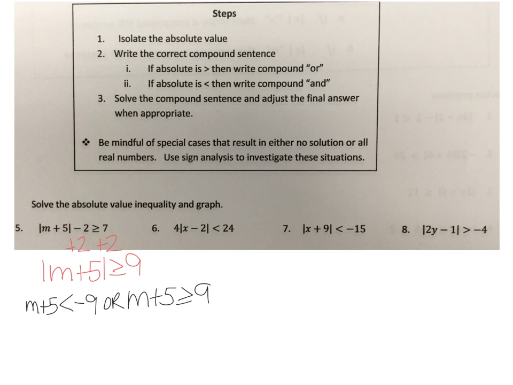Okay, so we want you to reference the number lines and the inequalities we wrote in the investigation. And now it's just like yesterday's work, right? Minus 5, and m is less than negative 14, or minus 5, m is greater than or equal to 4.